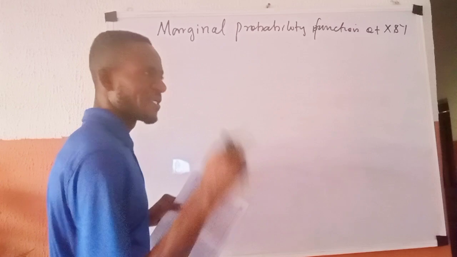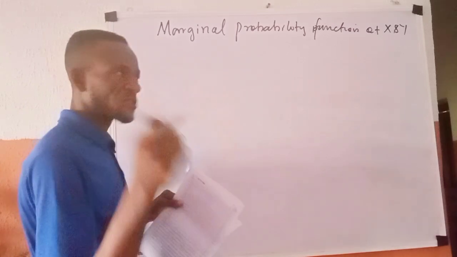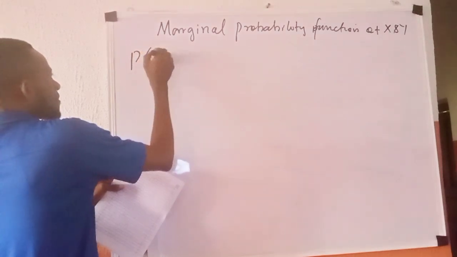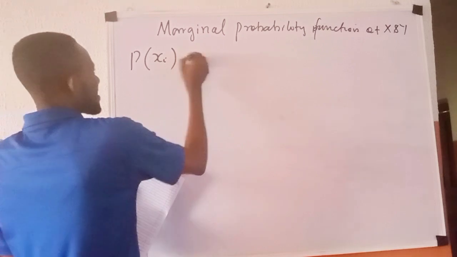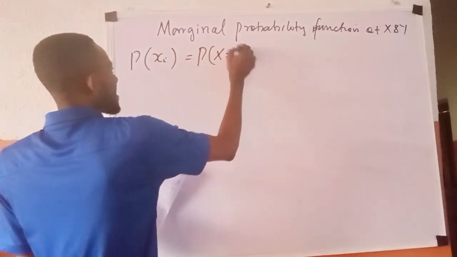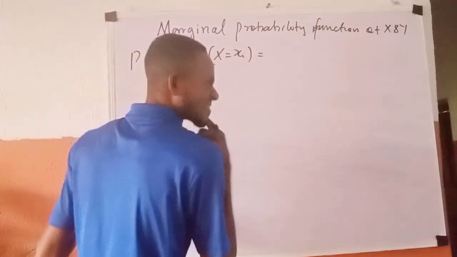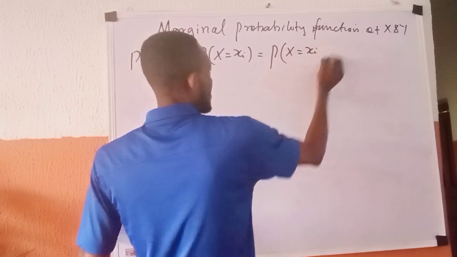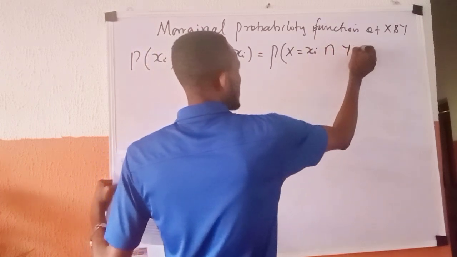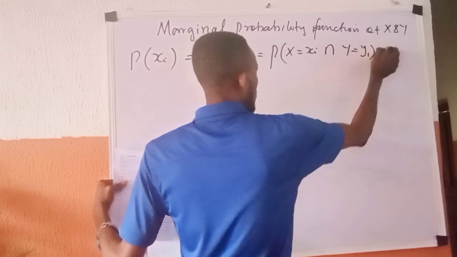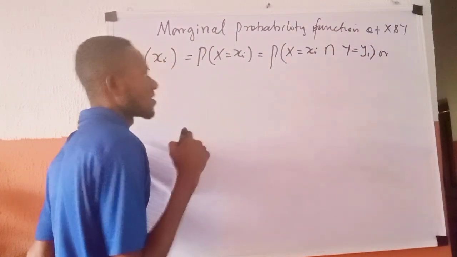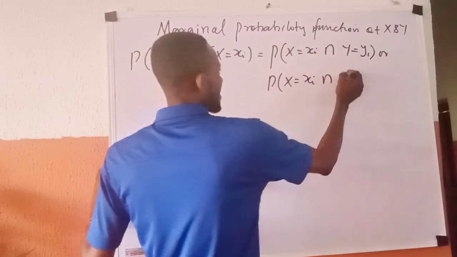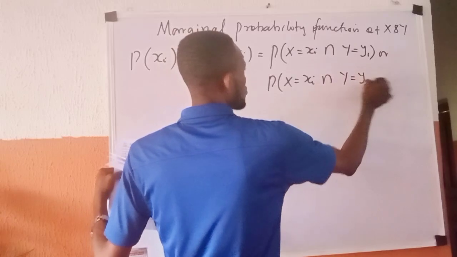To define the marginal probability function of x, we write that p of x_i, which of course can be written as P of x taking a value x_i, is given as P of X equals x_i intersection Y taking a value y_1, or P of X equals x_i intersection Y taking a value y_2.